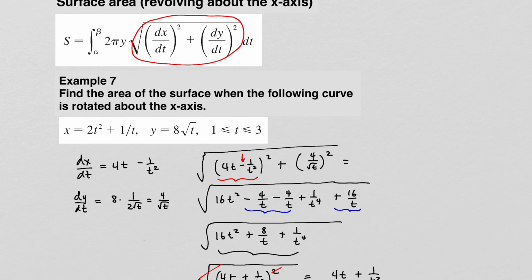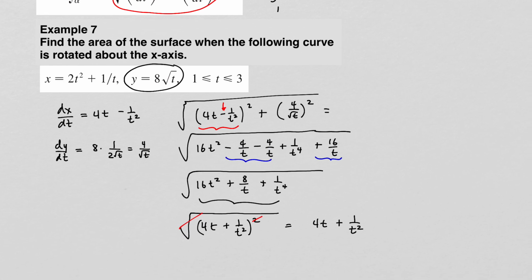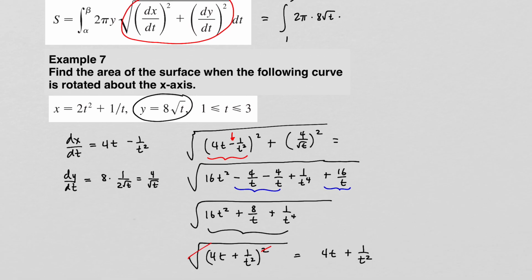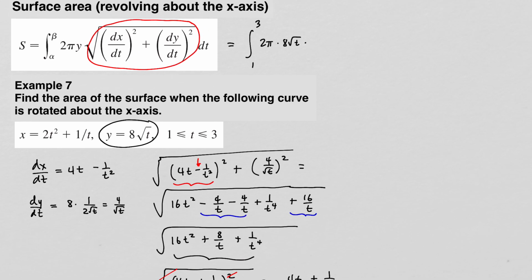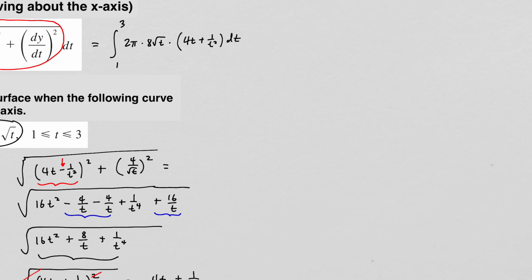So now let's go ahead and plug in everything else. This becomes the integral from t equals 1 to t equals 3. We have 2 pi multiplied by y, which is 8 radical t, multiplied by this radical, which we just simplified down below, is 4t plus 1 over t squared. And now we just need to finish this integral.